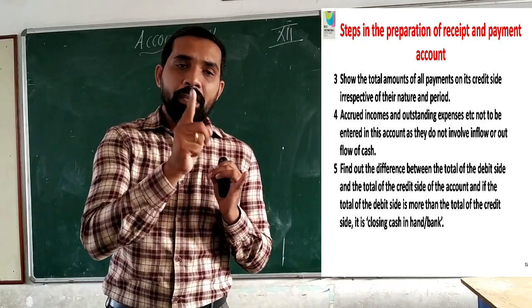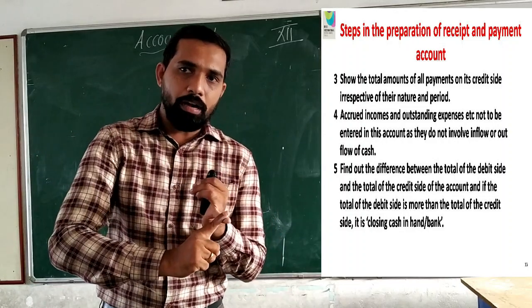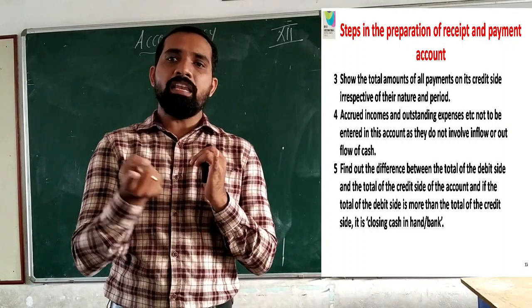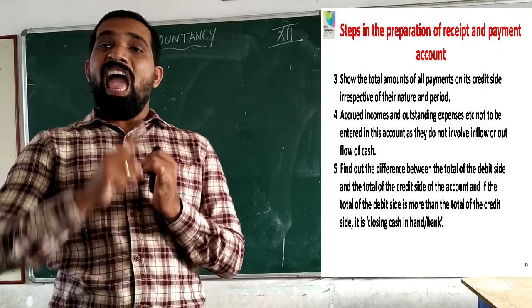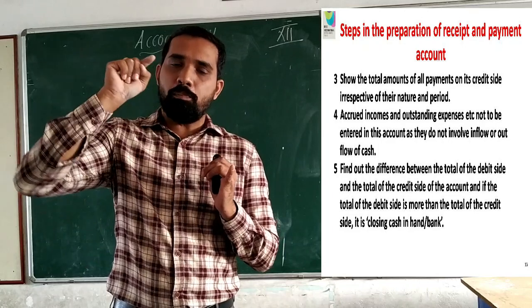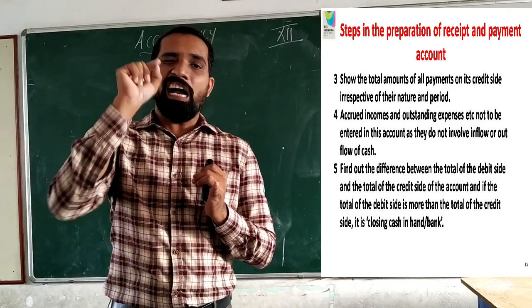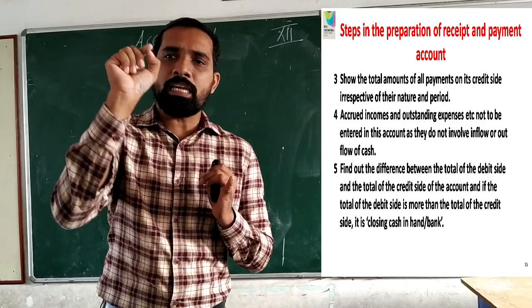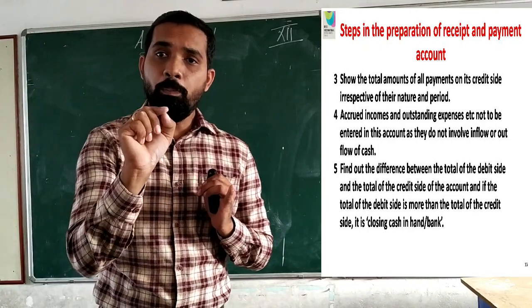Finally, find out the difference between the total of debit side and the total of credit side of the account, and if the total of debit side is more than the total of credit side, it is closing cash in hand or bank. I hope all are clear.